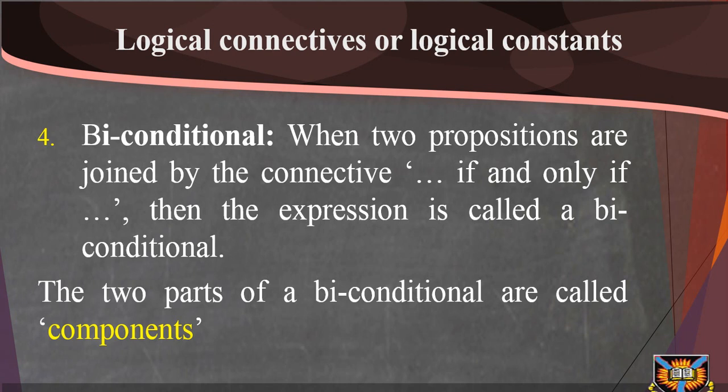J column: true, false, true, false. The above table reveals that a biconditional statement is true either if both components are true or if both components are false. A biconditional is false if the components have different truth values.